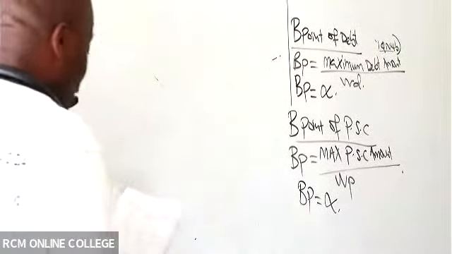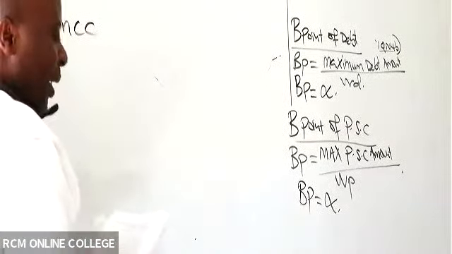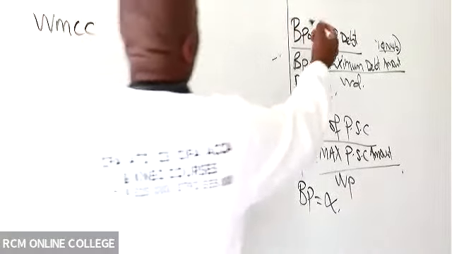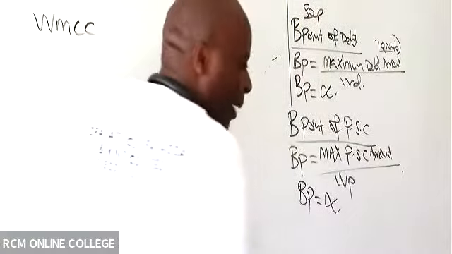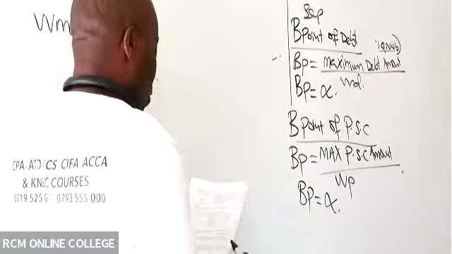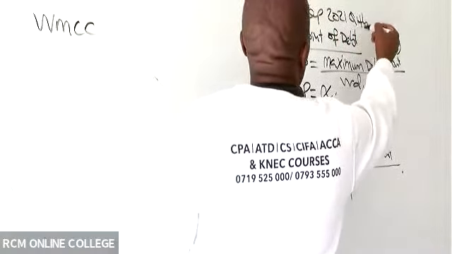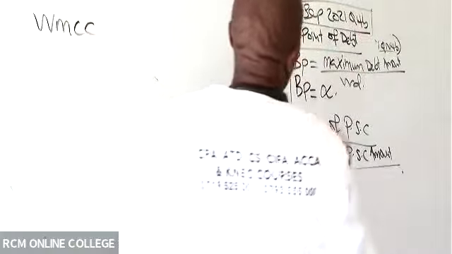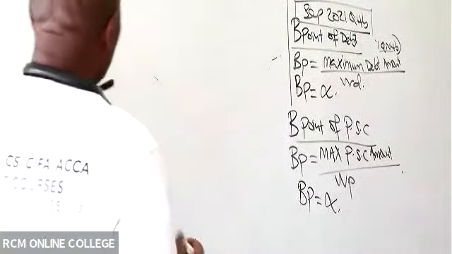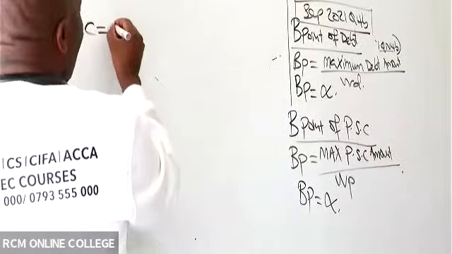Remember which question we are doing. This is September 2021, question 4B. So how do we get WMCC in this case?